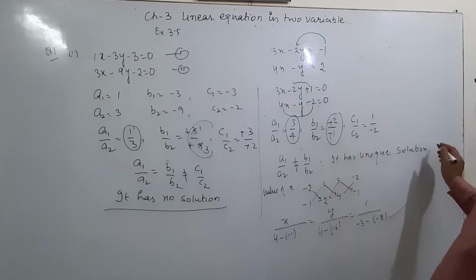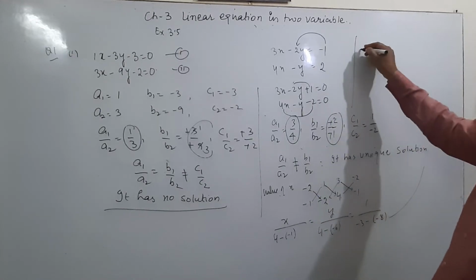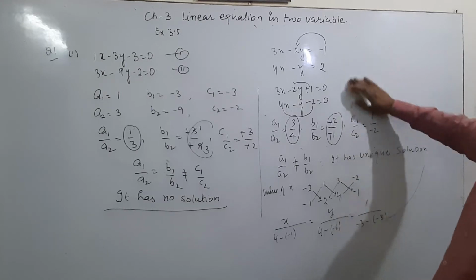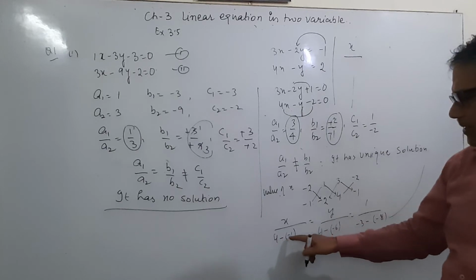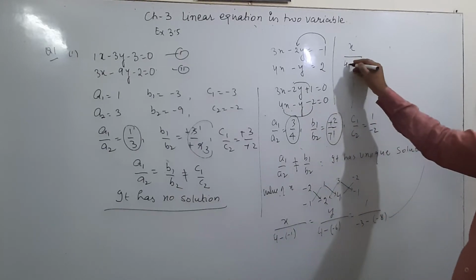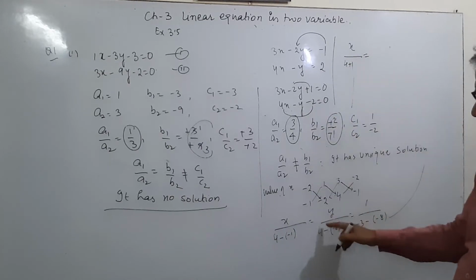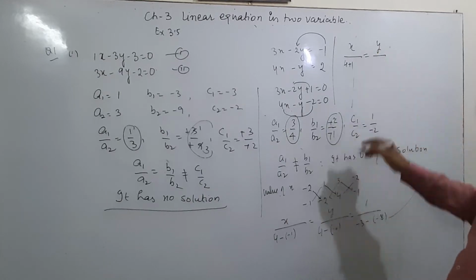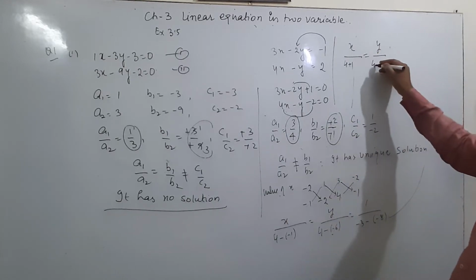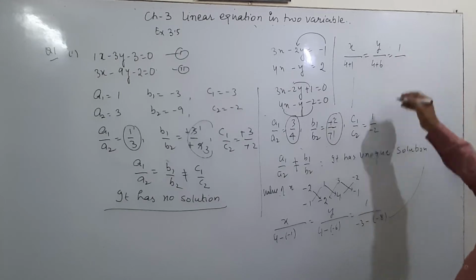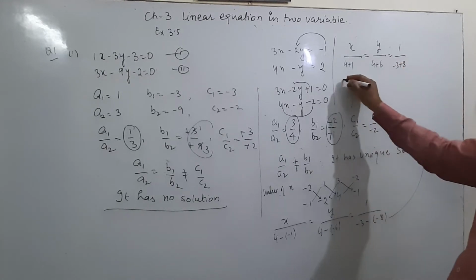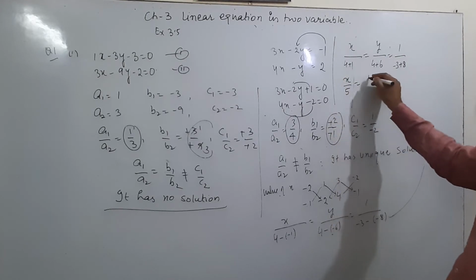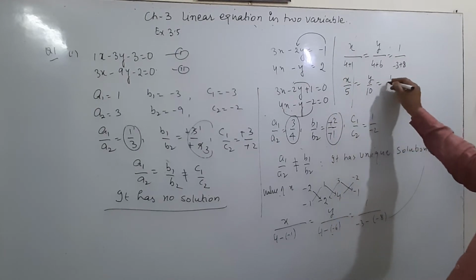Now we have to move here. x upon 4 minus minus plus 4 plus 1 is equal to y upon minus minus plus 4 plus 6 is equal to 1 upon minus minus plus minus 3 plus 8. x upon 5, y upon 10, 1 upon 5.